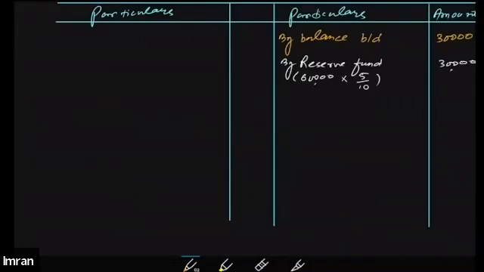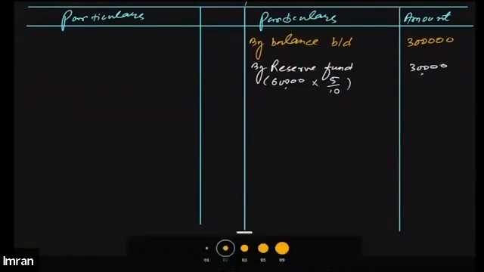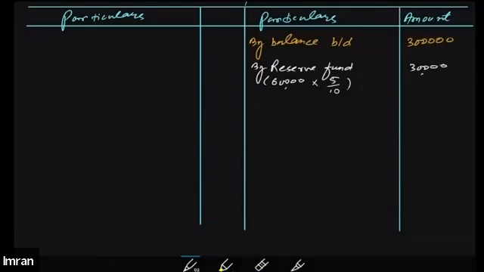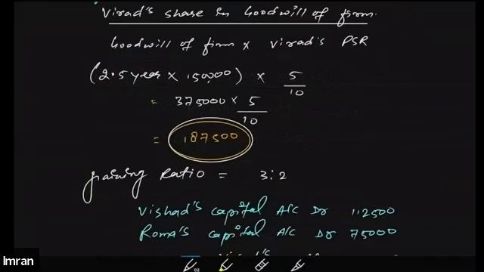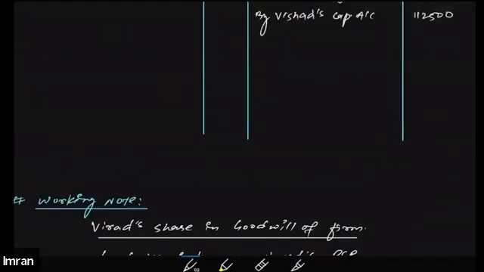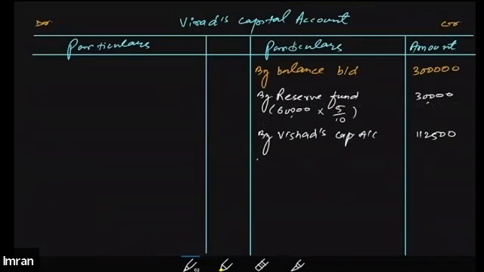So we'll go to the capital account and write down by Vishad's capital account 1,12,500 and Roma 75,000 by Roma's capital account 75,000.